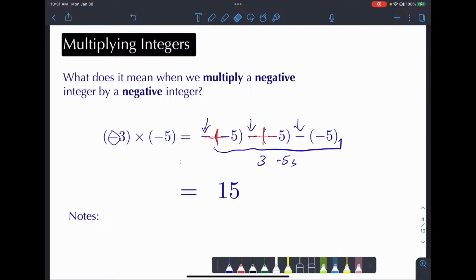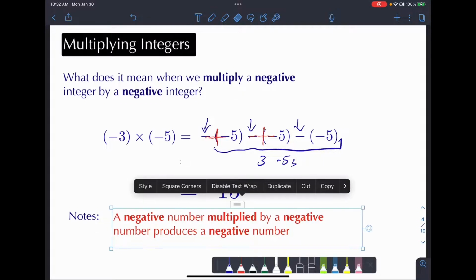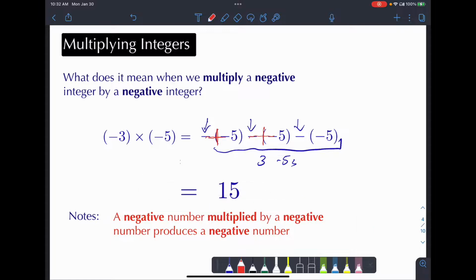So something to keep in mind here is when we multiply two negative numbers, we actually end up with a positive number. So let's just expose that note there. A negative number multiplied by a negative number produces a, there's a typo here. That should read positive number. So you could go ahead and correct that.